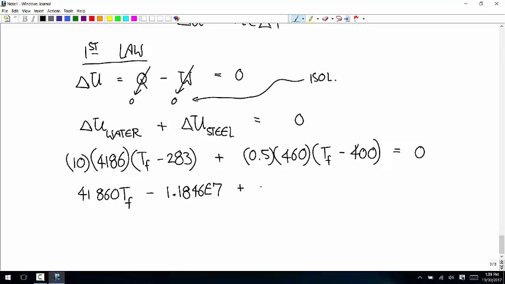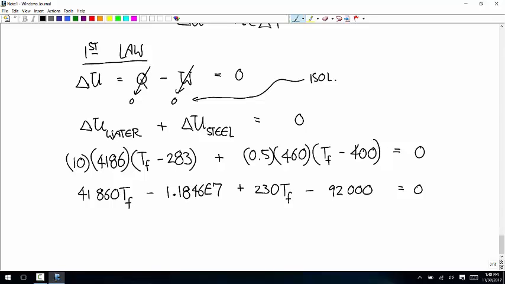And then this one is 230 TF minus, what's this one? 92,000. Is equal to 0.